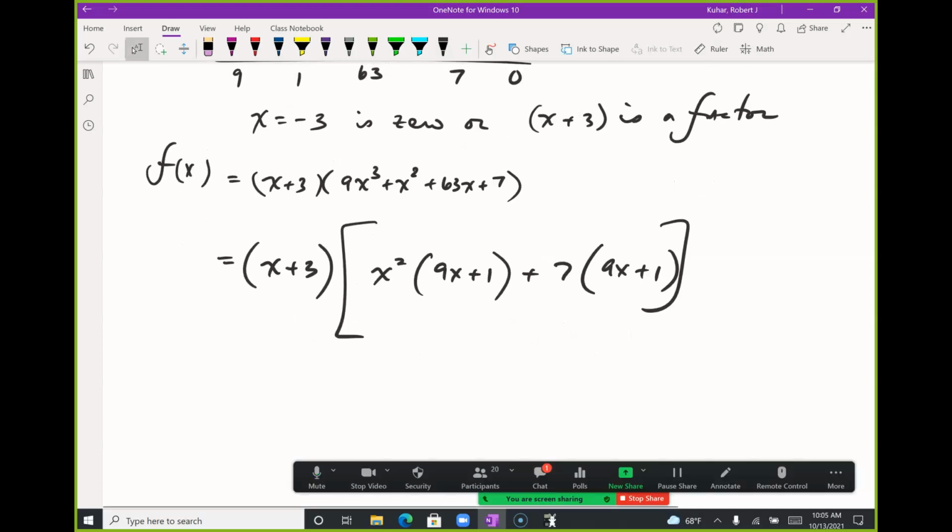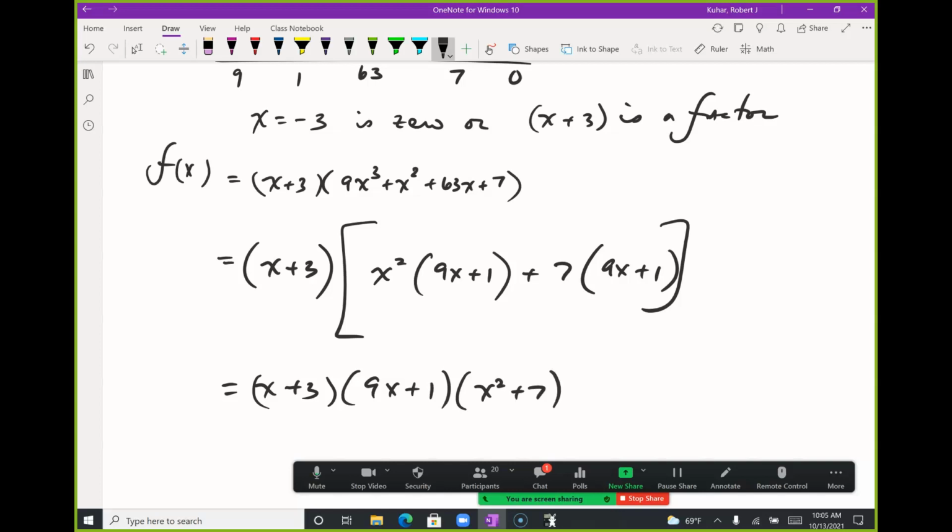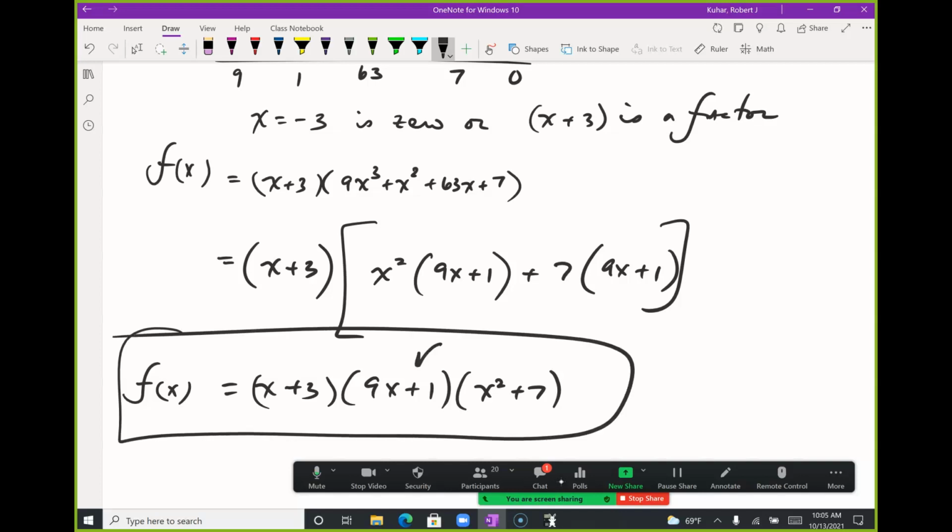So I got x plus 3 times 9x plus 1 times x squared plus 7. And I'm done. There's my piece. So now I would see another zero at negative 1/9.